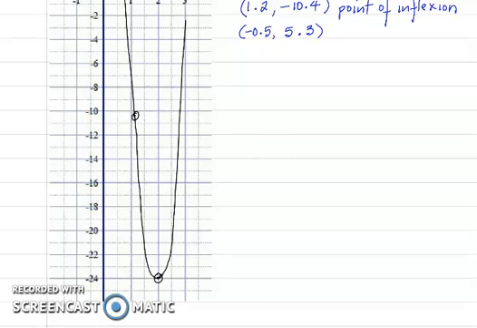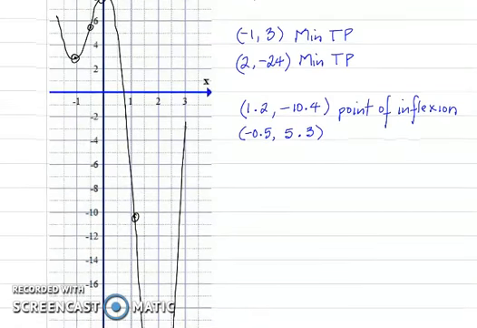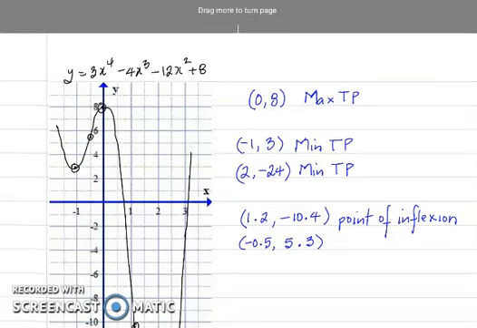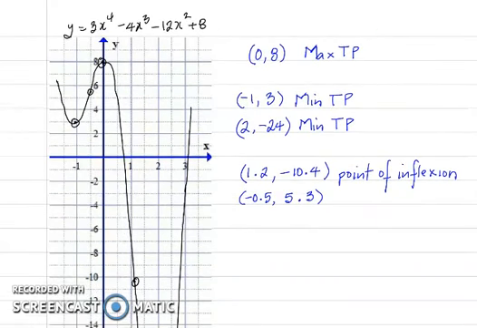So we're going up, going up. And of course, this would be our sketch of the curve y is equal to 3x to the fourth minus 4x cubed minus 12x squared plus 8.